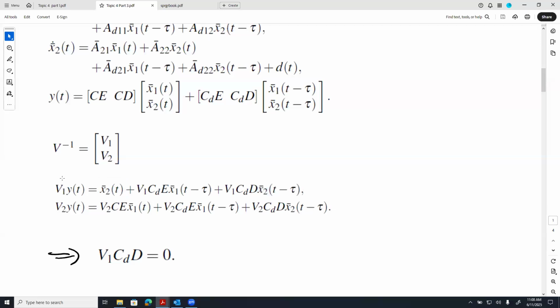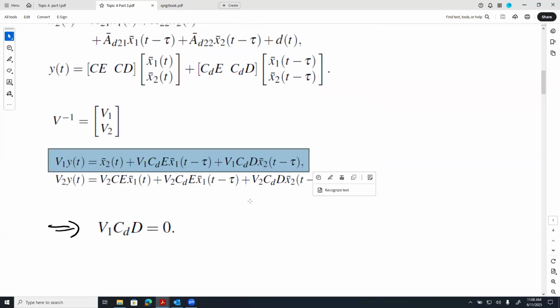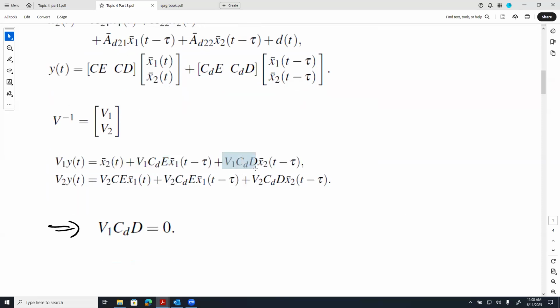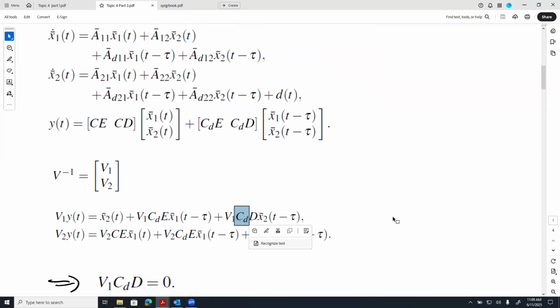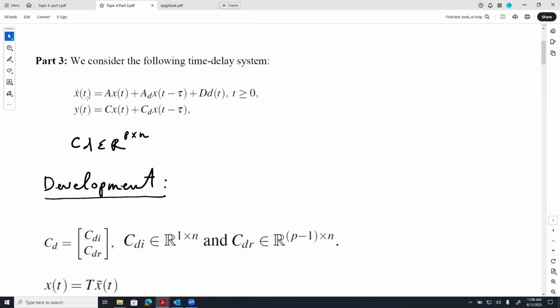So one way to overcome that problem, which is what we propose in our book, is to make this matrix happen to be a scalar. All right. So what we're saying here is we need to impose a structure on matrix CD. Now remember, CD is the one that comes into this output measurement.